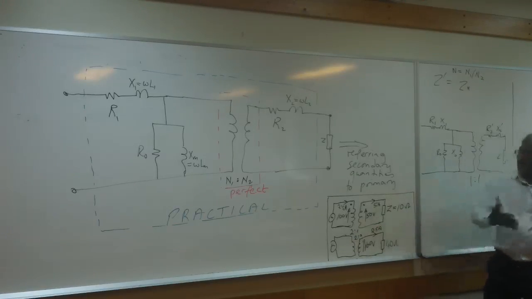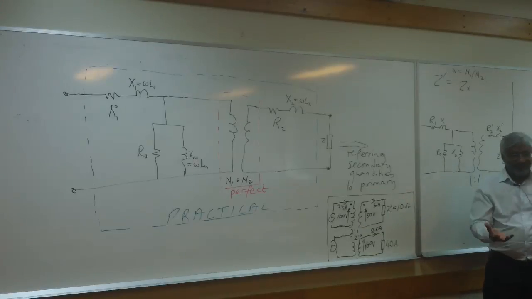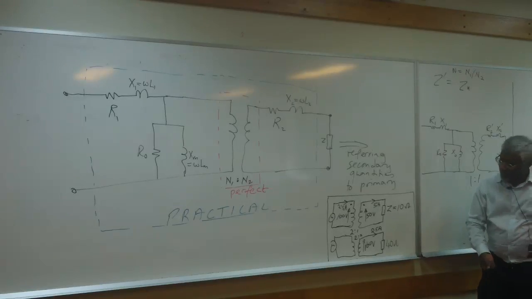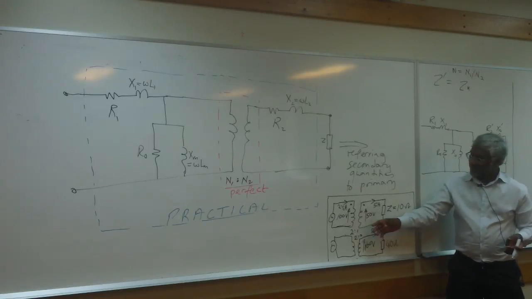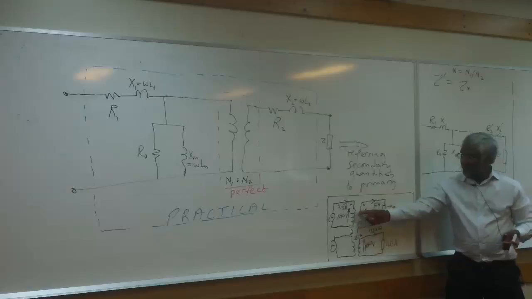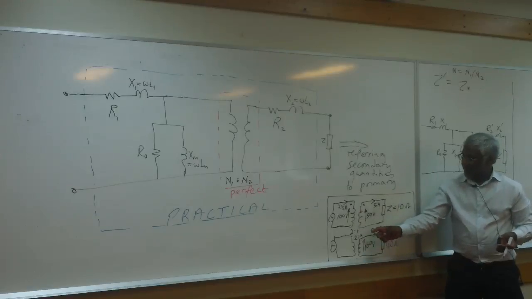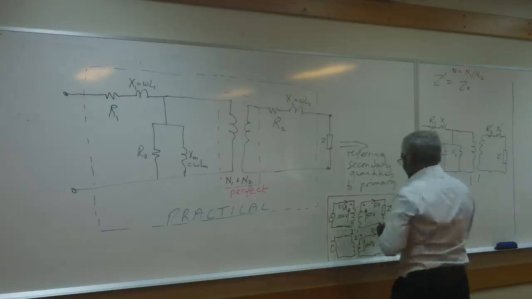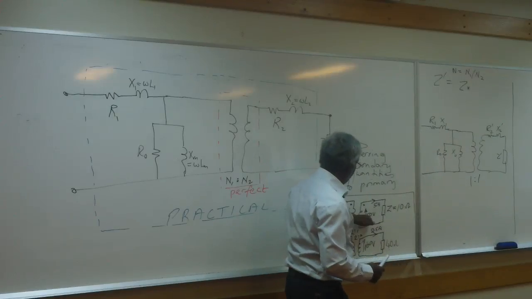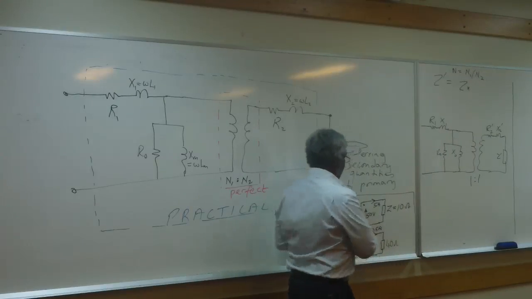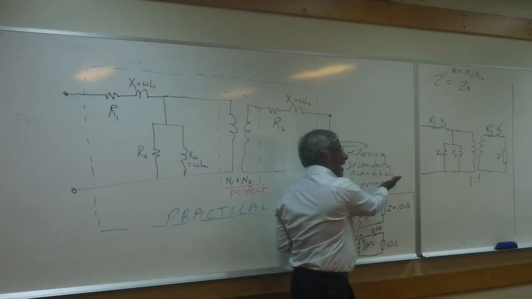What's really happening, sometimes we forget, what do we multiply or do we divide? I will just give you a trick. In this case here, I am stepping down the voltage because I'm going from 100 to 50, and I am stepping up the current.